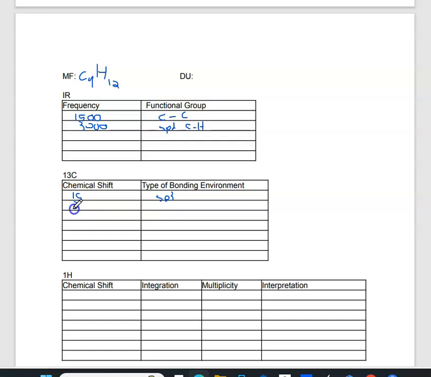We have a chemical shift of 25, which indicates the same thing. We have 39, which also indicates an sp3.